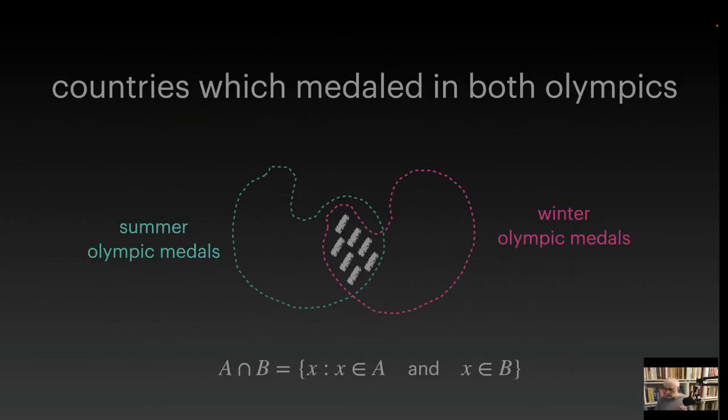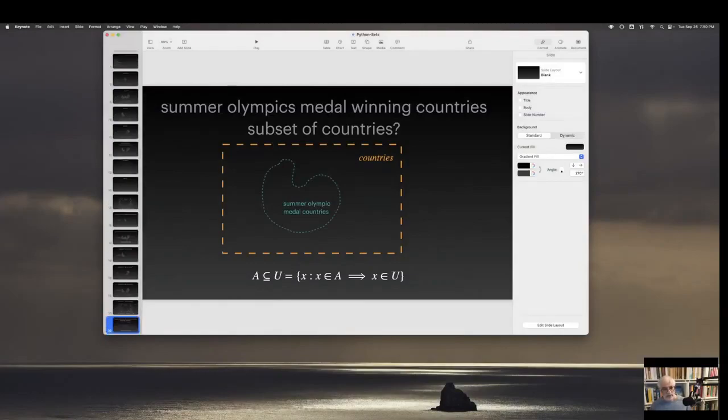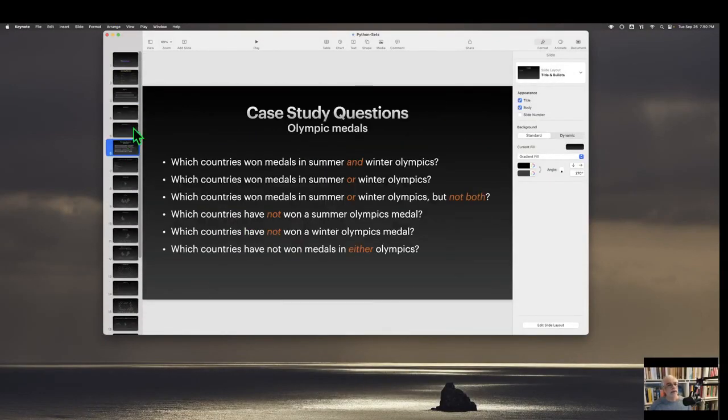So now, suppose you have two sets. You have a set of countries that won Olympic medals in the Summer Games, and then you have another set who won Olympic medals in the Winter Games. And there are all kinds of questions that you can ask. Yeah.